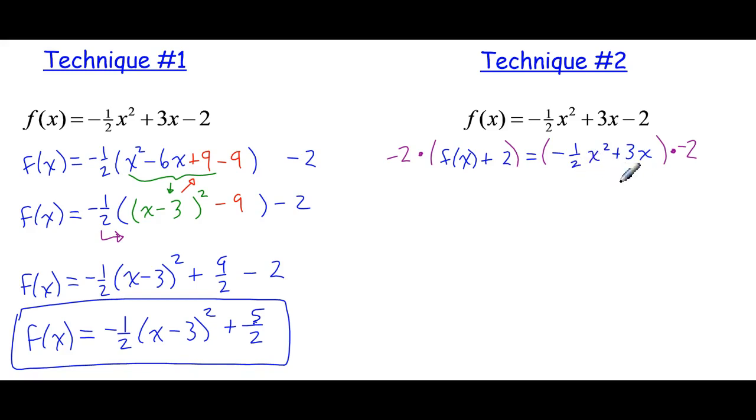Dividing by negative 1/2 sounds like a real pain, but it's equivalent to multiplying by the reciprocal of negative 1/2. So multiplying by negative 2 will work out a lot easier here. So that will make this into just regular x squared. And it'll make this into negative 6x. That seems kind of familiar, doesn't it? Negative 6x? Yeah, it does seem kind of familiar.